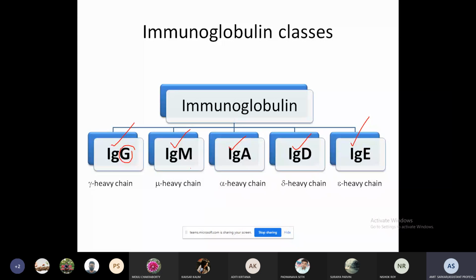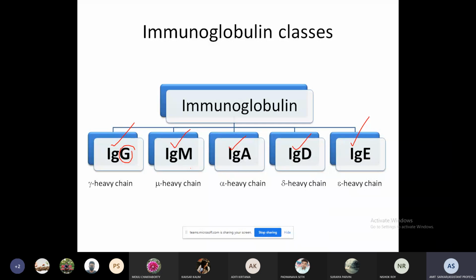So 5 different immunoglobulin classes: IgG, IgM, IgA, IgD, and IgE. What is the basis? The basis is what type of heavy chain constant region they have: gamma, mu, alpha, delta, and epsilon respectively.